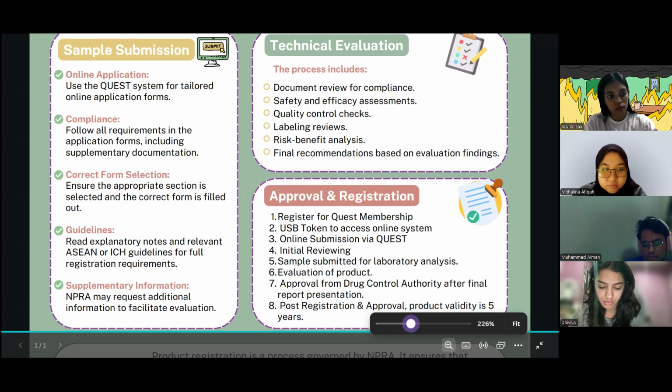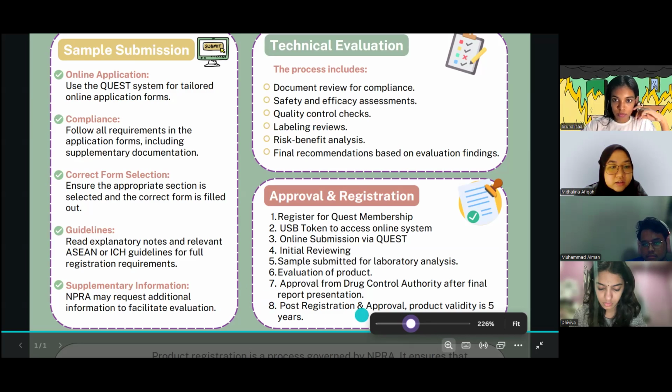Next is correct form selection. It ensures that the appropriate section of the application is selected and that the correct forms are filled out accurately. Next is guideline reviews. Applicants should read explanatory notes and relevant ASEAN or ICH guidelines to understand full registration requirements, which helps in preparing a comprehensive application.